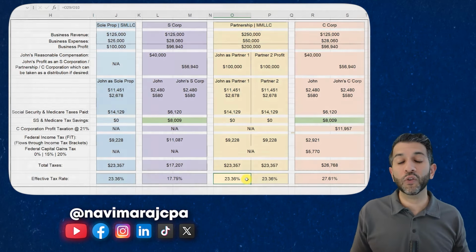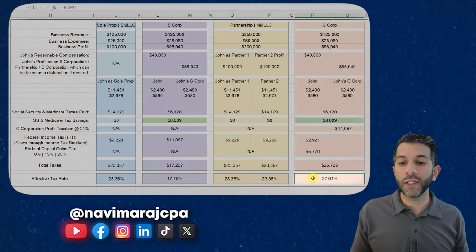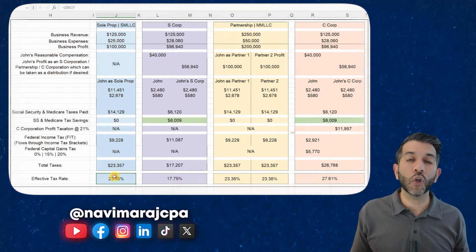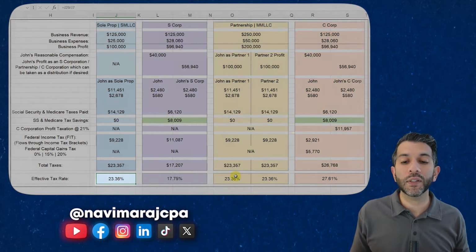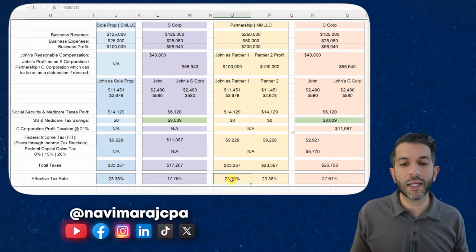Now, here's a bit of a spoiler alert. If you want to watch those other videos in the series, if your business was taxed as a C corporation, you'd pay 27.6%, S corp 17.75%, and as a sole proprietor, 23.36% as well. You may be wondering, hey, is that a coincidence that these tax rates are the same?